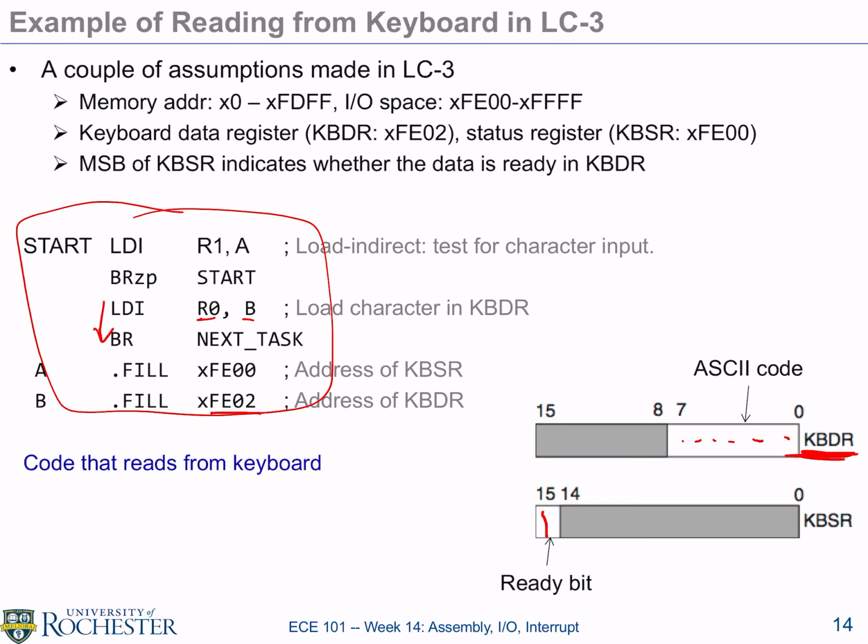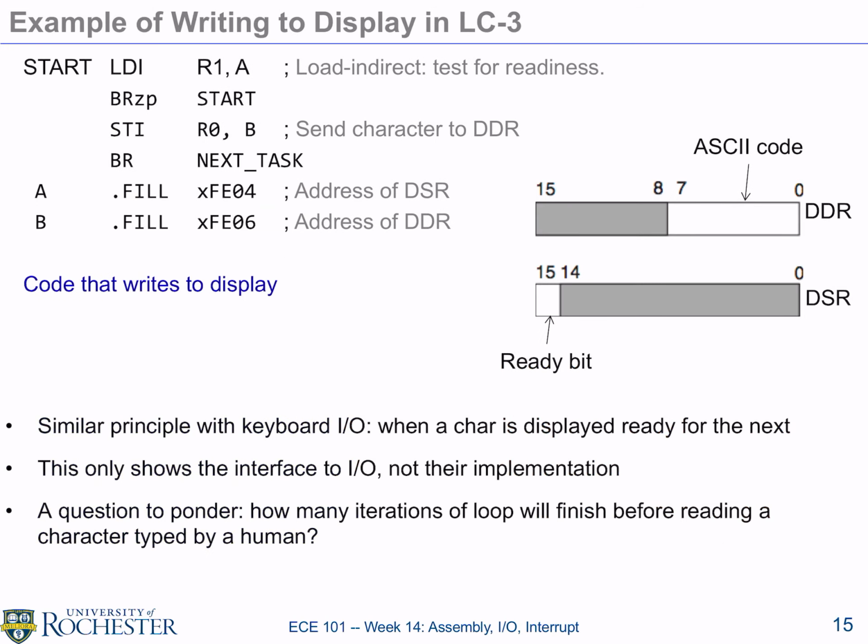Let's, for the sake of completeness, think about output, because this is reading from an input device. How do we write to an output device? Not very different. In fact, the starting code is almost exactly the same. I'm loading from a status register to say, are you ready?